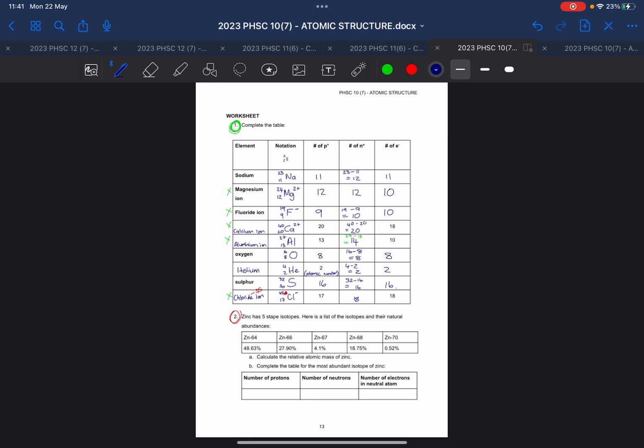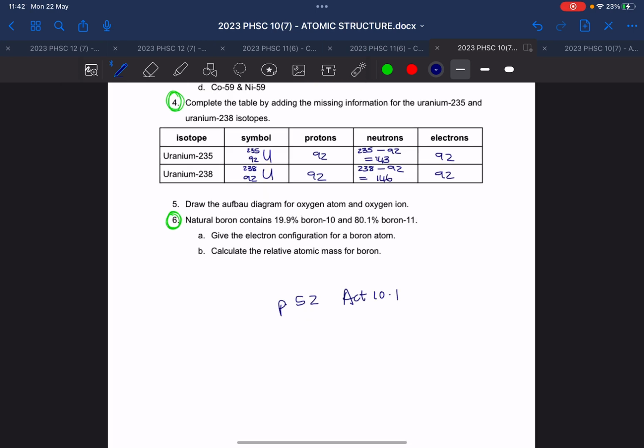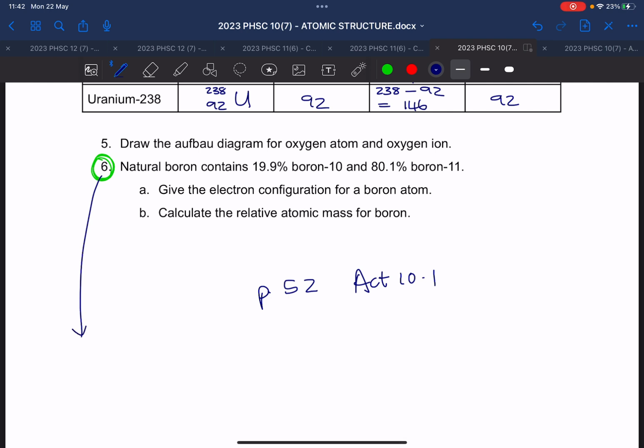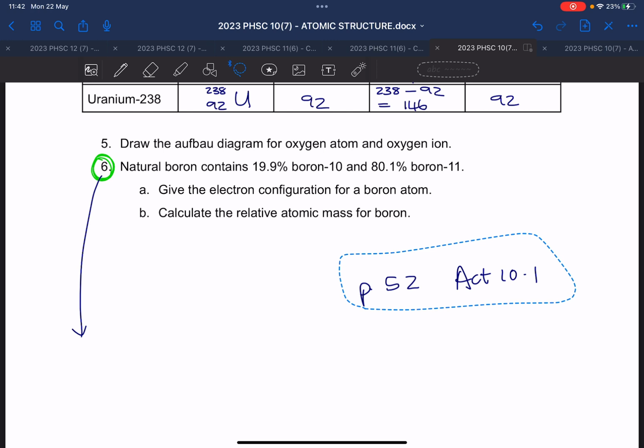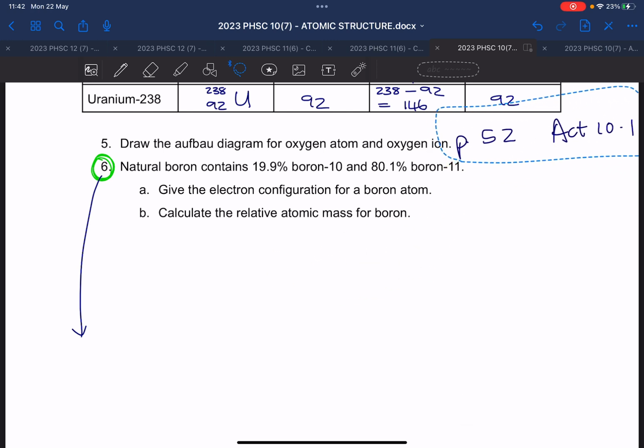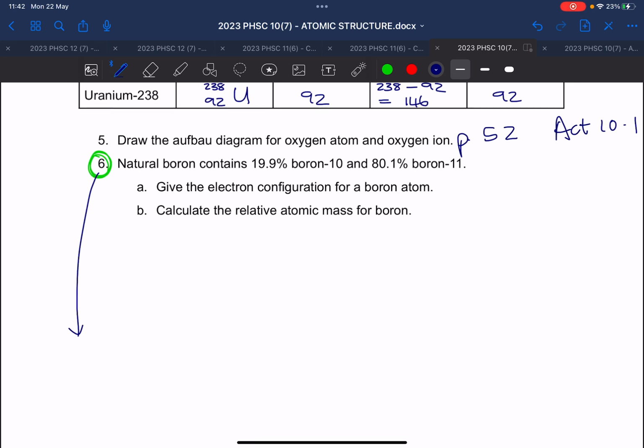All right. So you know what your homework is? I think it will be good if you do number 6 now here. Yes, we can. So if they say natural boron contains so much of boron 10 and so much of boron 11, give the electron configuration for a boron atom.